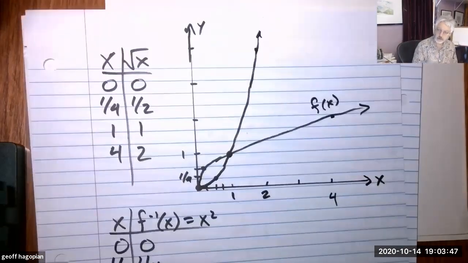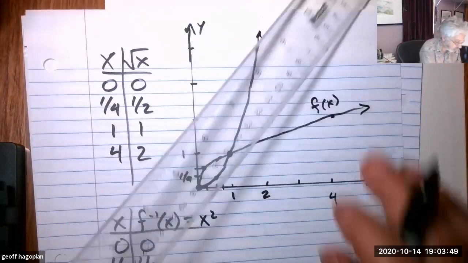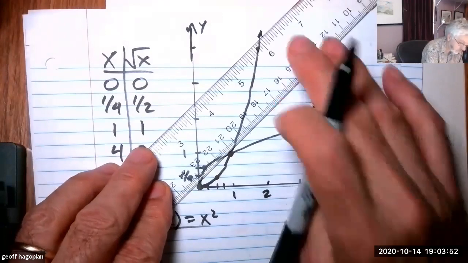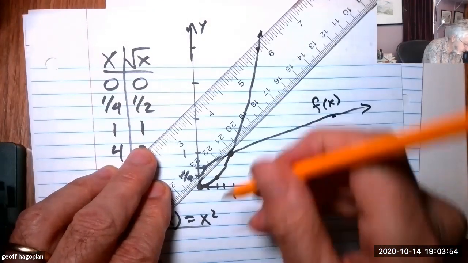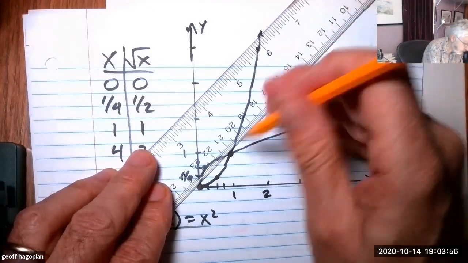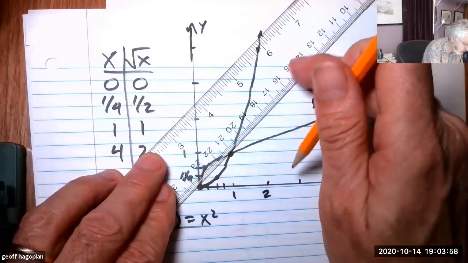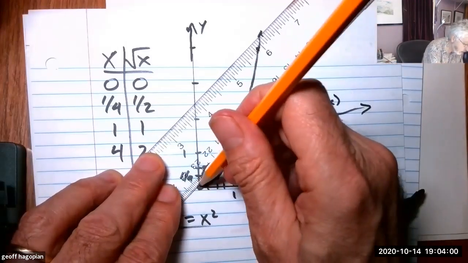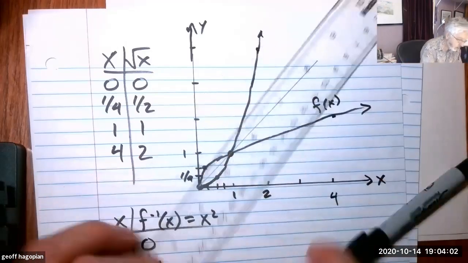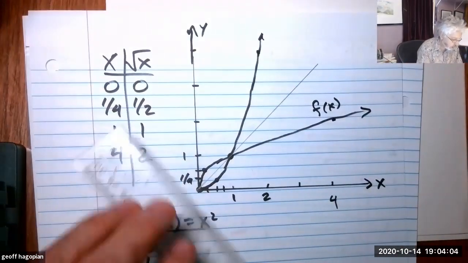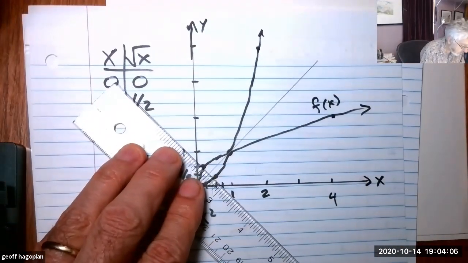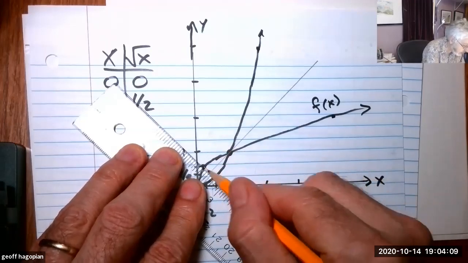And where's the line of symmetry? Well, that's the line y equals x, right? I'm going to draw that in pencil because otherwise it'll be too much of a mess here. Does this work? Okay. And so this is a reflection across the line y equals x here.